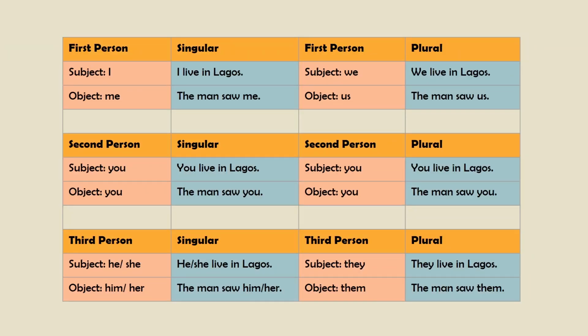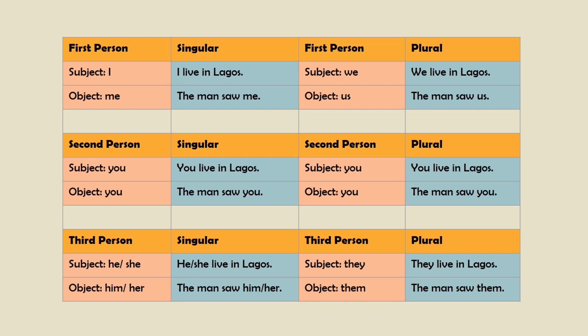In the first person singular, we have the subject as I and the object as me. In the first person plural, we have the subject as we and the object as us. In the second person singular and the second person plural, we have both the subject and the object as you.